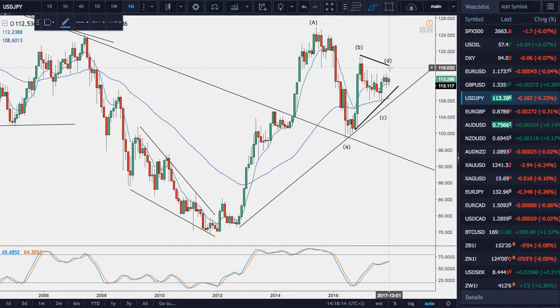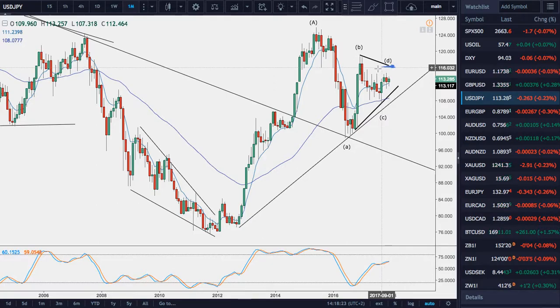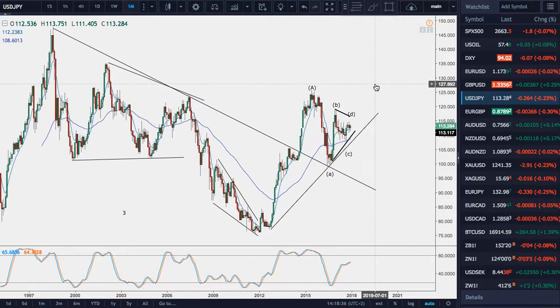Now, if it manages to stall out here without making a high above 118 and we get the dip for E and then it takes off, that's my preferred view, and I will be looking for a dip there to confirm that view. But the ultimate confirmation on that view will be in between the 118.5 and 125.5 area to see if it holds off and reverses.